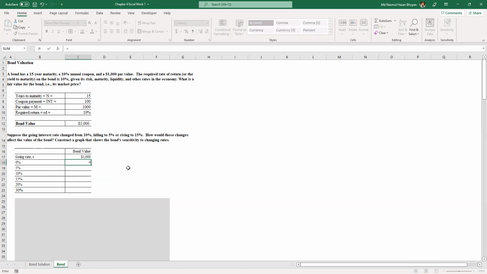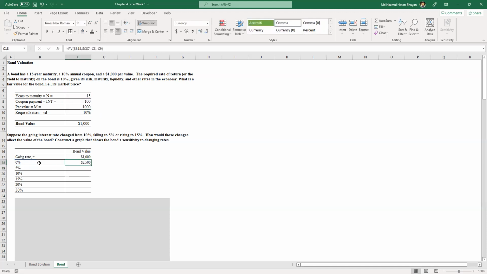Okay, so PV, rate, and then nper, then PMT, then face value.